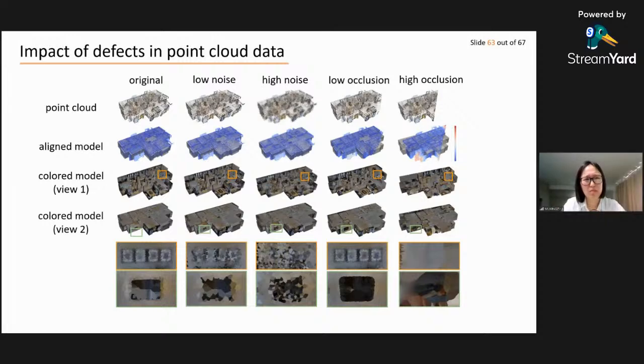For deep learning methods, to get good semantic maps on diverse types of floor plans, I think it's still a very challenging problem.